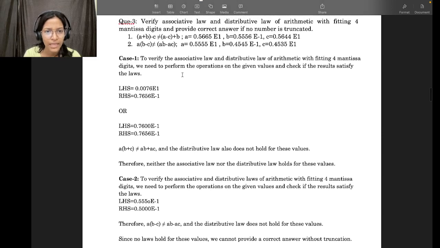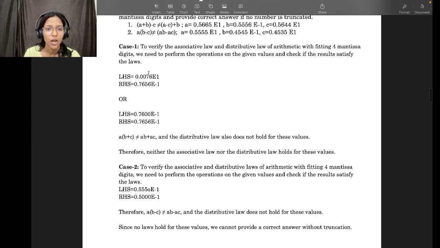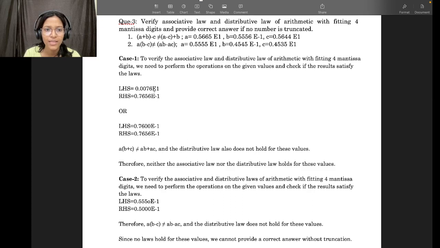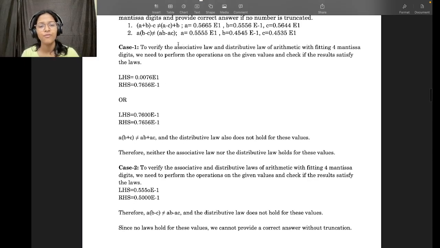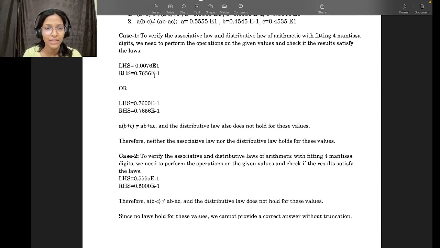Now case 1, that is the first case, to verify the associative law and distributive law of arithmetic with 4 mantissa digits, we need to perform the operation on the given values and check if the result satisfies. Now the LHS value, by applying the formula a plus b minus c, we will get the value 0.0076 e1, and by applying the formula on the right side, that is (a minus c) plus b, we will get the value 0.7656 e to the power minus 1.